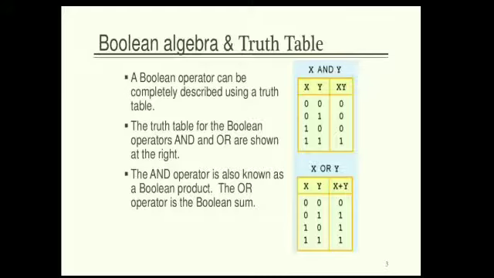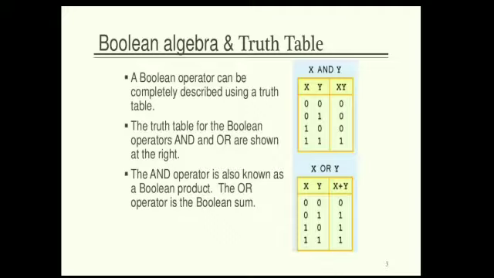A Boolean operator can be completely described using a truth table, a table consisting of the possible combinations of input values and their corresponding output. As you see here, the truth tables for the Boolean operators AND and OR are shown on the right side. The topmost table is the AND operator and the bottommost is the OR operator.